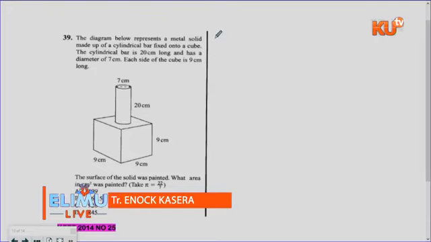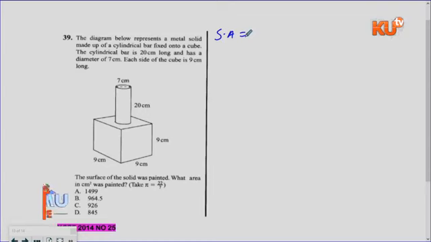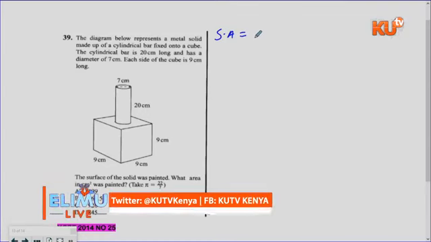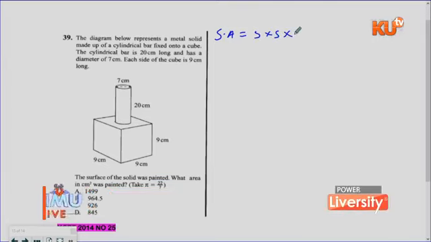So what do we do here? First, let us find the surface area of the cube. How do you find the surface area of a cube? Surface area of a cube is equal to side times 6. But because on the top part there is a metal rod fixed, we are going to use only 5 sides, whereby we say side times 5.